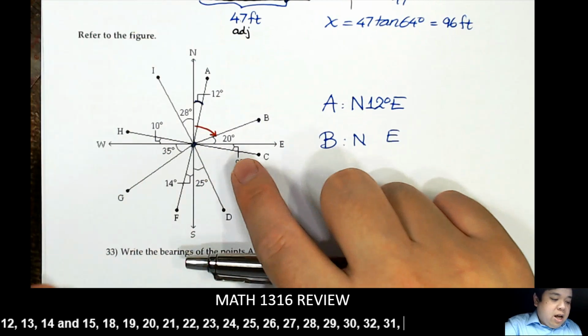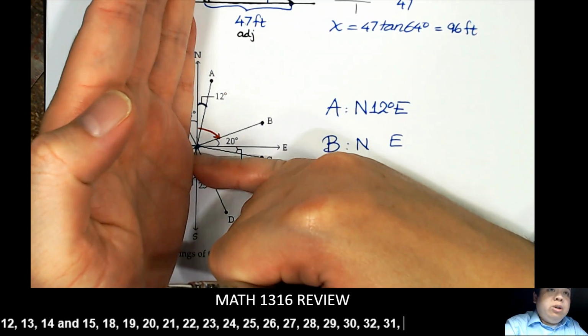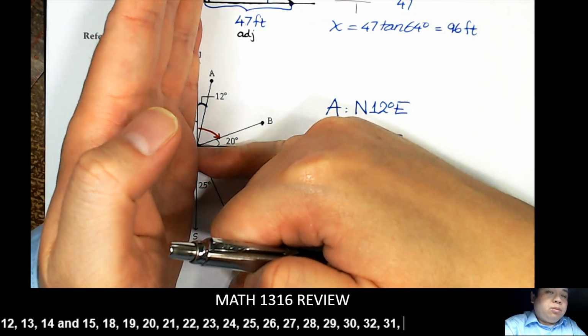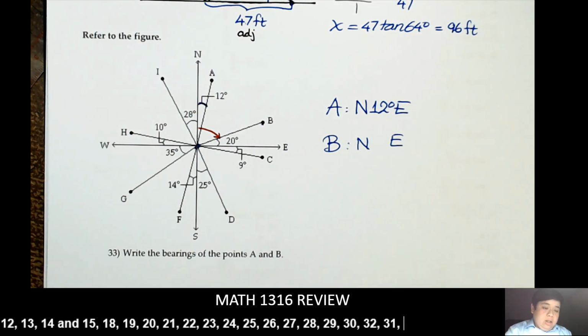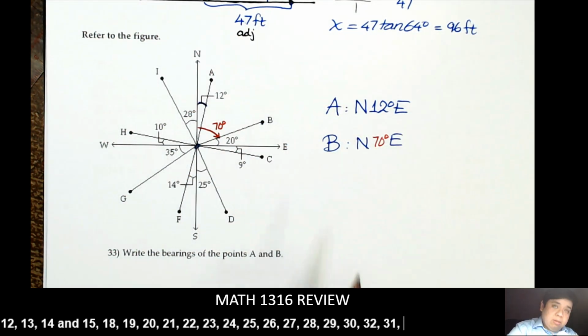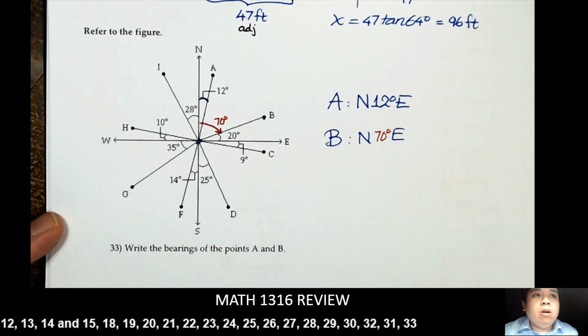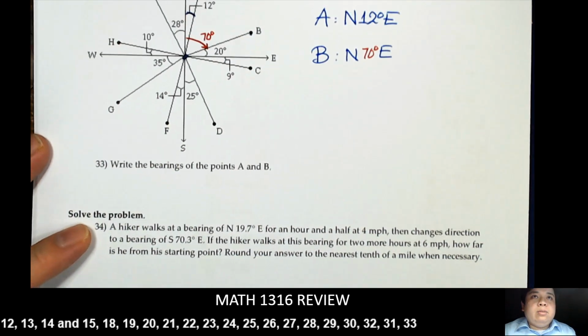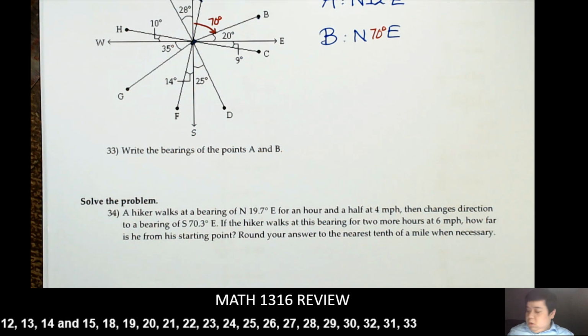Since that is a 90 degree angle, take away 20, so that should be 70 degrees. So that's what we have. And then go to 34.